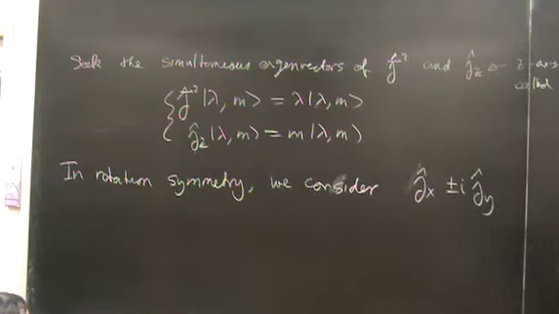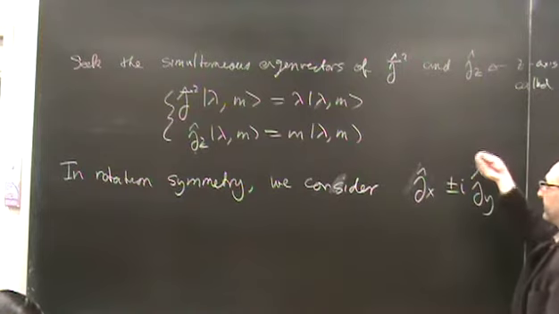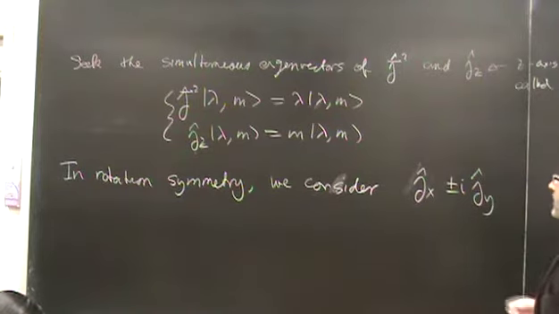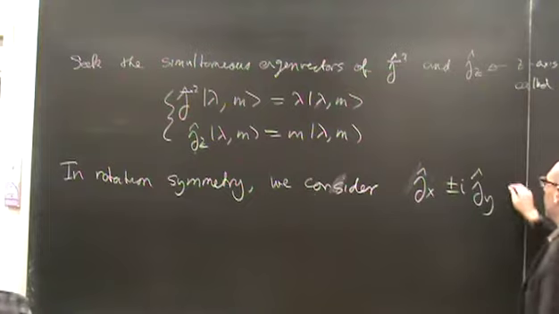Those played important roles, right? Corresponding to angular momentum around the z-axis. These, of course, we call j plus and minus.